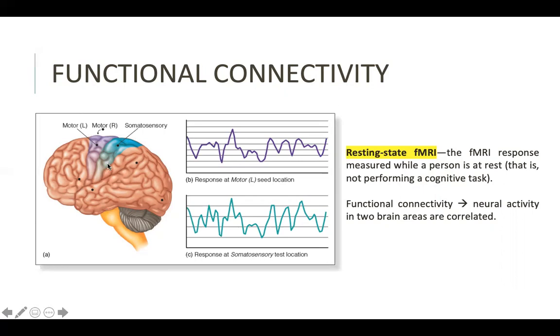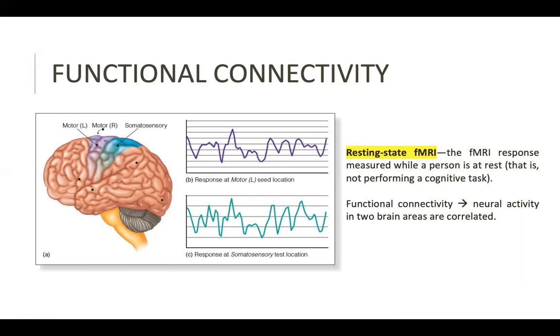The task location motor R is in the right motor cortex, on the other side of the brain from motor L, and the task location somatosensory is in the somatosensory cortex, which is involved in perceiving touch.